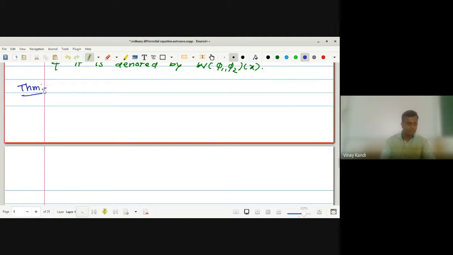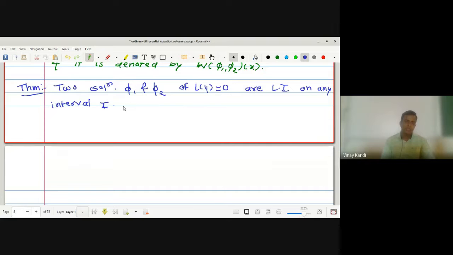Two solutions, phi 1 and phi 2, of L of y equal to 0 are linearly independent on any interval I if and only if the Wronskian of phi 1 and phi 2 at point x is not equal to 0.